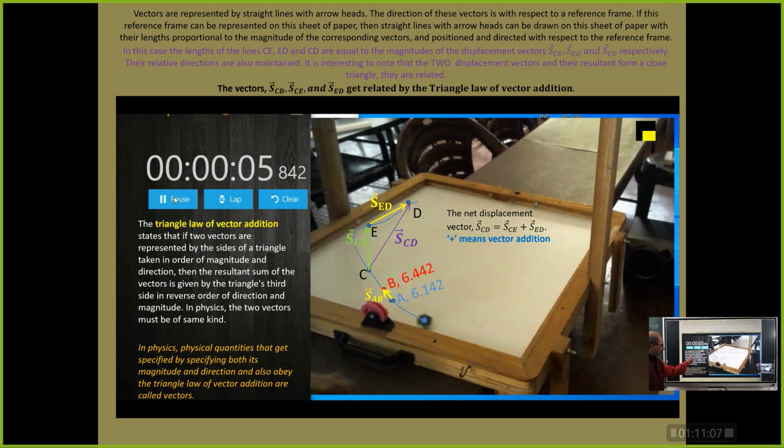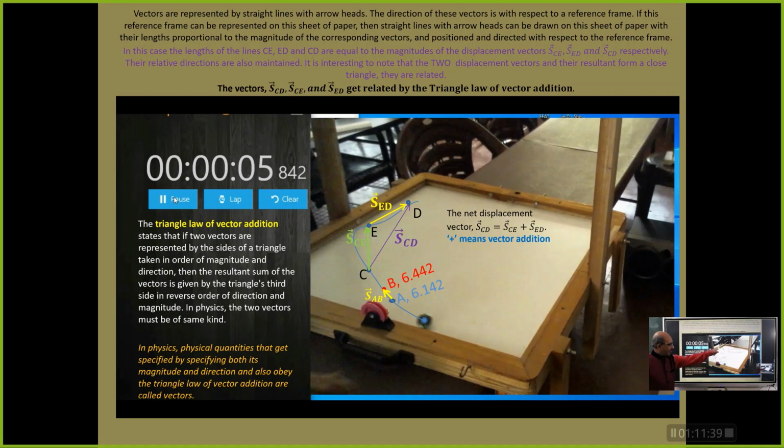Did you understand? Now that's precisely what I have written here. Please read it. The triangle law of vector addition states that if two vectors are represented by the sides of a triangle taken in order, like this and like this, then the third side taken in the reverse direction gives the resultant, the sum of the vectors, in direction and magnitude.